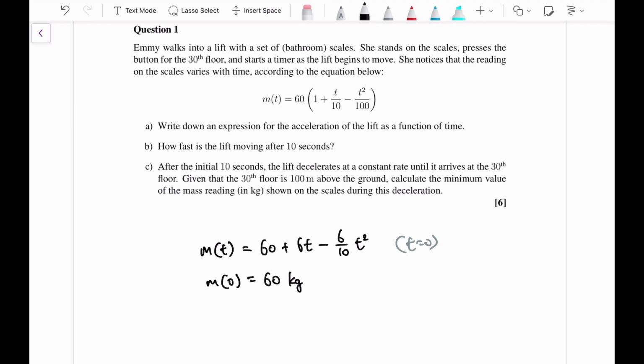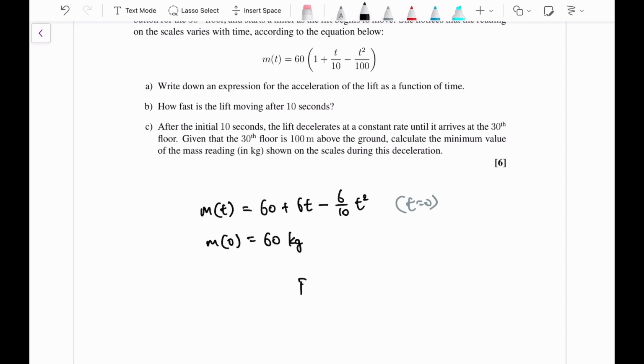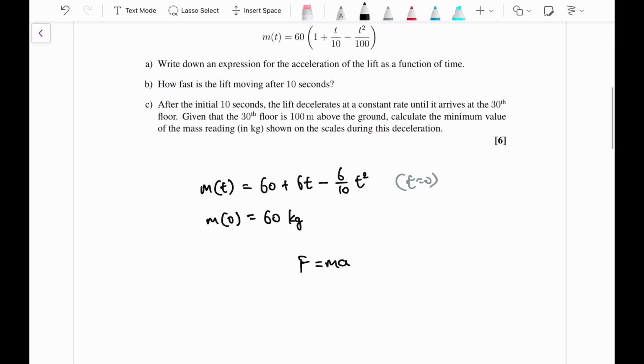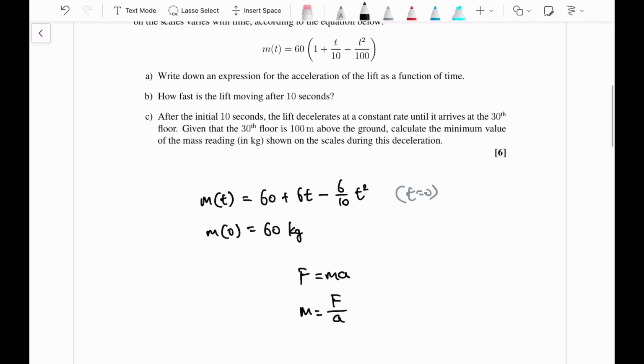So first of all, how do we calculate the mass? F is equal to ma, so therefore the mass is essentially equal to force divided by acceleration. Now, if we apply this to this case, I don't think we can do something about this.